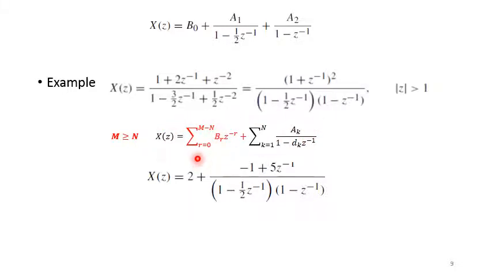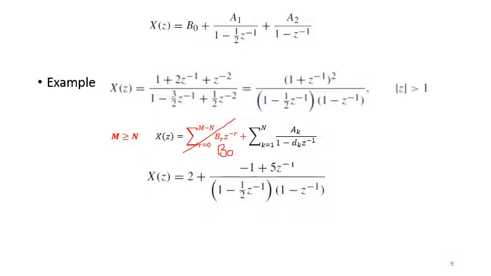Because they are equal, r runs from 0 up to M minus N, because they have the same degree, the difference results in 0. So we have r equals 0, z power 0 will be 1, and B_r means we get b naught, right?